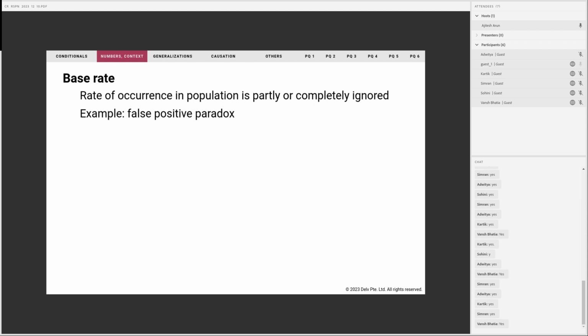This example is called the false positive paradox, and this term, false positive, false negative. In fact, let me write that down. This particular example that we're taking, I am in fact taking just to discuss these two terms, really.